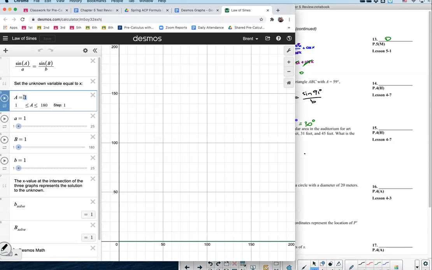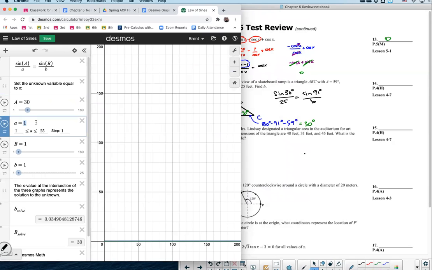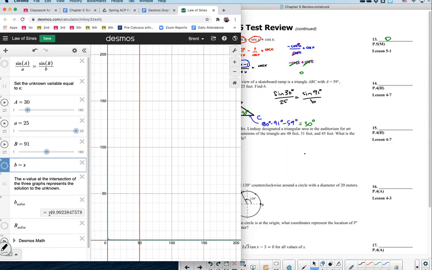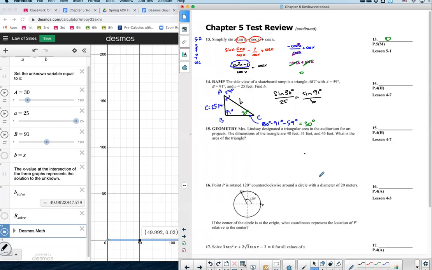And so here we go. We have sine of 30 over 25 feet equals sine of 91 over an unknown amount of feet. So I'll put an x. It says the answer is 49.99. I don't know if it says anything to round to, so I'm just going to leave it as 49.99, and this would be in feet.